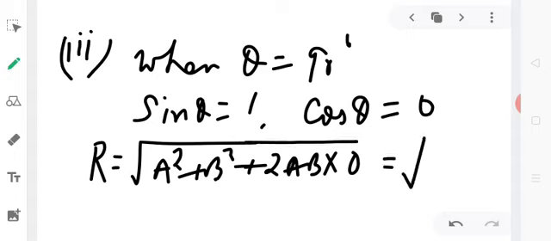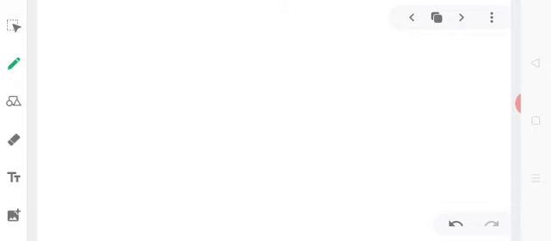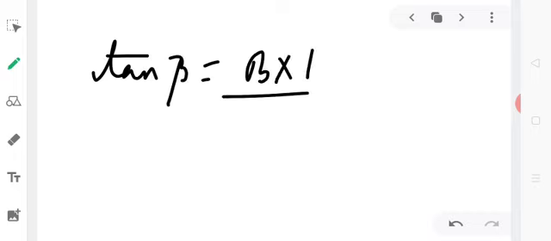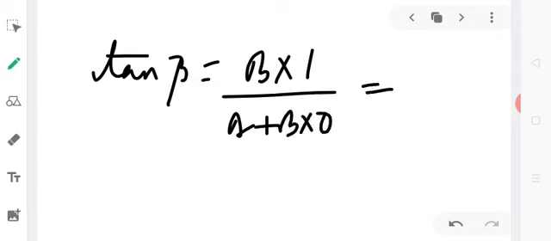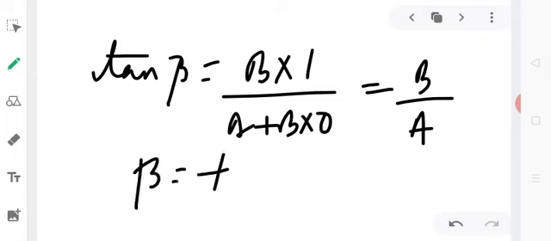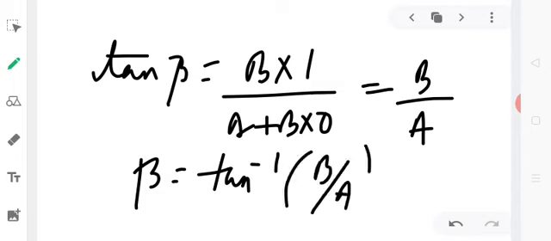So you are left with root over A square plus B square, and tan of beta will be equal to B sin theta by A plus B cos theta, that is equal to B by A, and beta will be equal to tan inverse B by A.